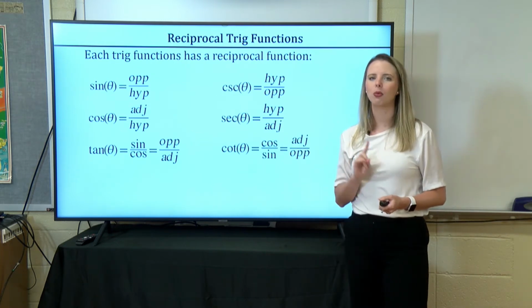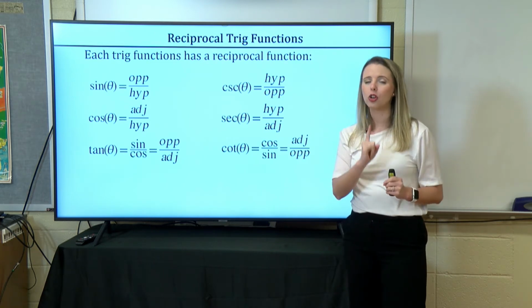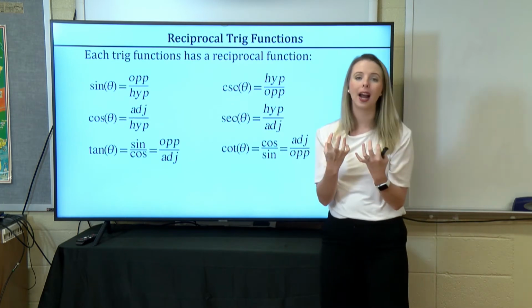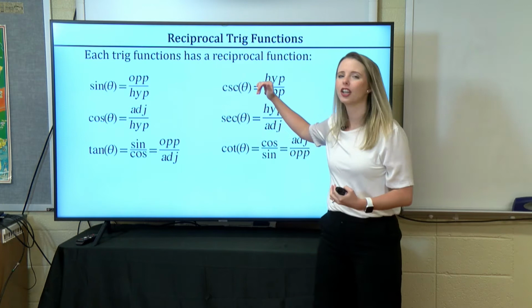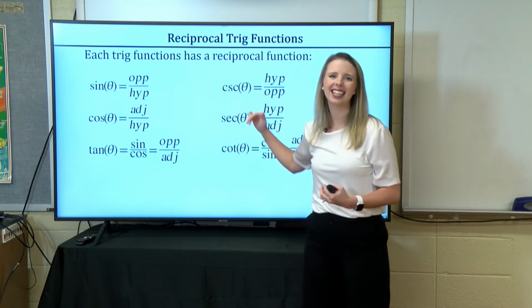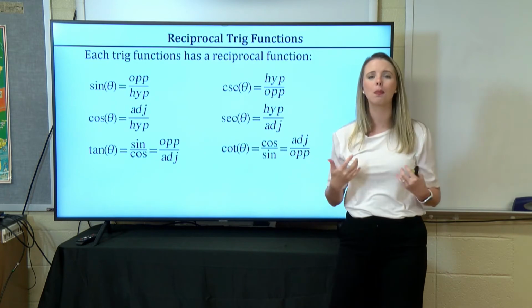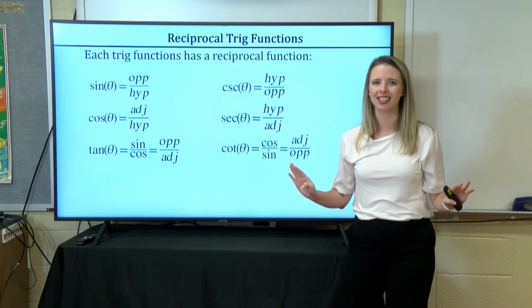Now, one thing before we look at what these functions mean, an error that I do not want you to create, okay? Naturally, our brain pairs things together that sound alike. Cosine, cosecant, sine, secant, an S and an S and a co and a co. Naturally, our brains want to pair those functions together, but that's not the case, okay?